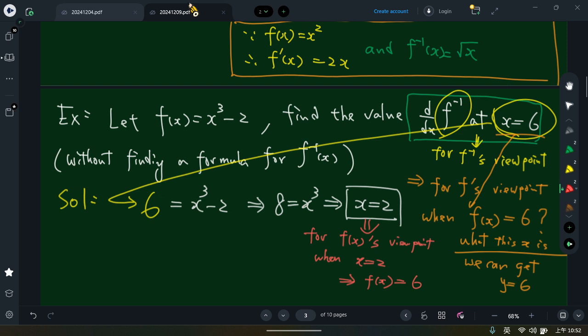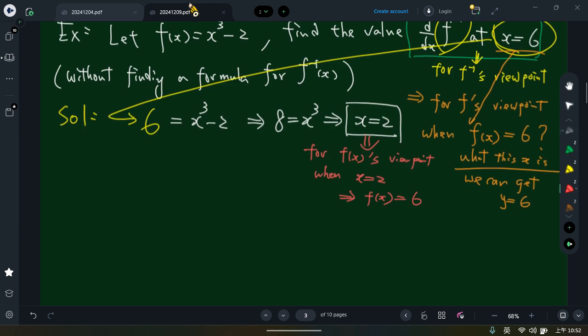So after this, then we can note by theorem 1. If you want to calculate the inverse when x is equal to 6, that means it should be f of 2. Because when x is 2 for the original function, we can have its function value as 6. Okay? So this is f of 2.